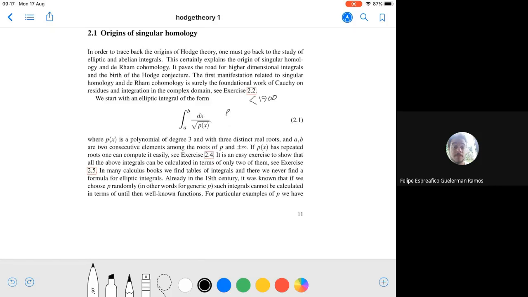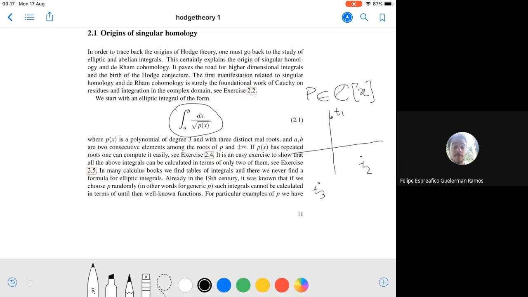And one process that we have to do with this integral is that we want to take it to the complex domain. So in this case, we will take P a complex polynomial, degree 3 again. Then we will have these 3 roots, T1, T2, T3.